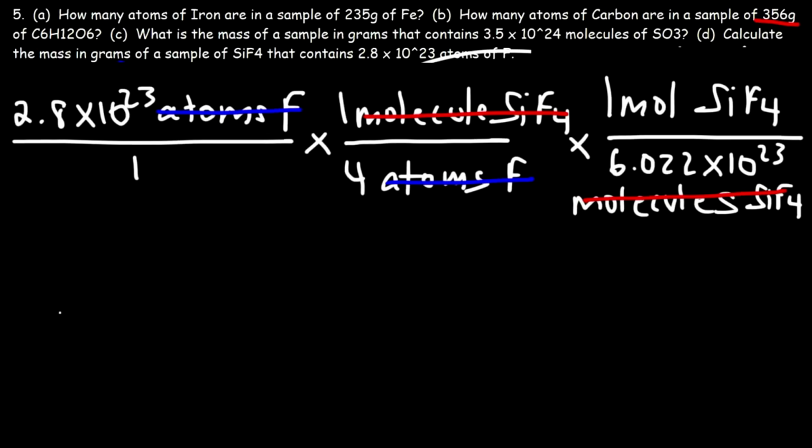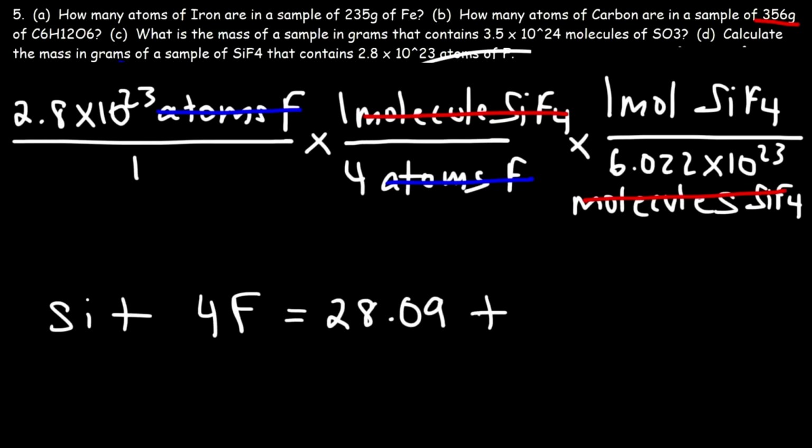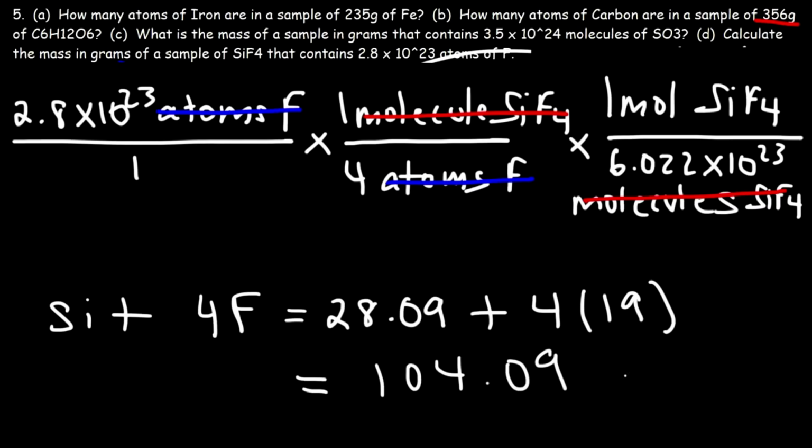And so I need the periodic table for that. So in SiF4, I have 1 silicon atom and 4 fluorine atoms. Silicon has an atomic mass of 28.09, and fluorine has an atomic mass of 19. And so if we add these values, this will give us 104.09 grams per mole.